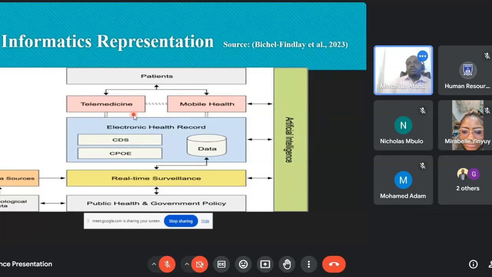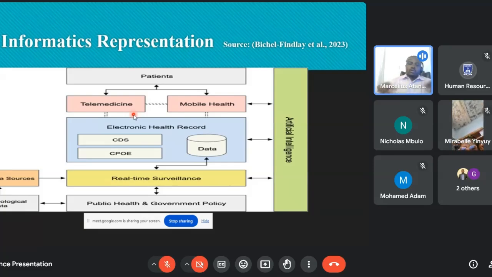But when we talk of telehealth or telemedicine, we're referring to health services via telecommunication, maybe remote monitoring devices, teletherapy, virtual consultation, remote monitoring, and stuff like that.